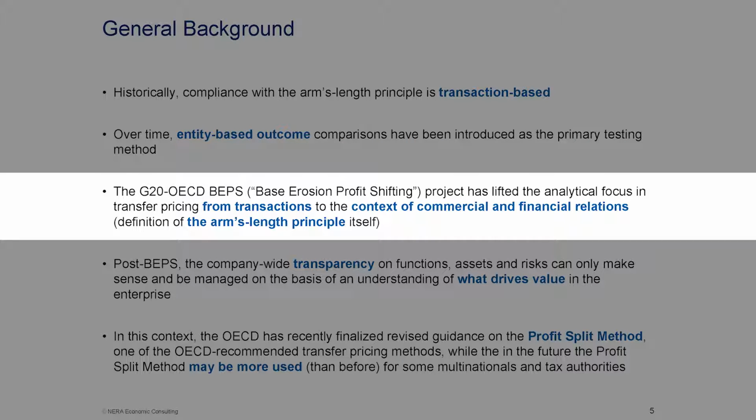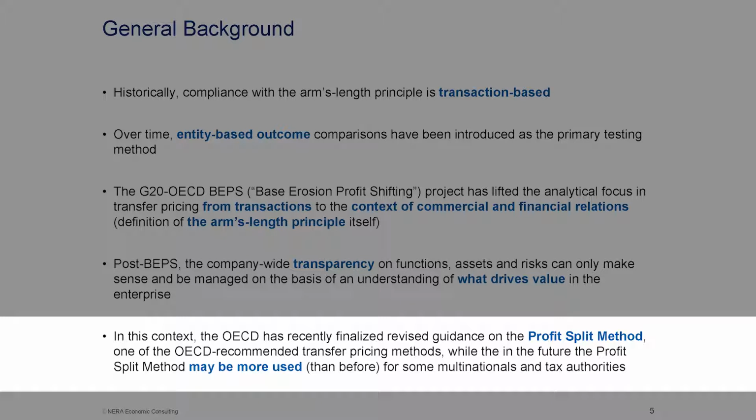What has changed since the BEPS project, the Base Erosion and Profit Shifting project led by the OECD and G20, is that it has lifted the analytical focus in transfer pricing from transaction to the context of commercial and financial relations, which are at the core of the definition of the arm's length principle.